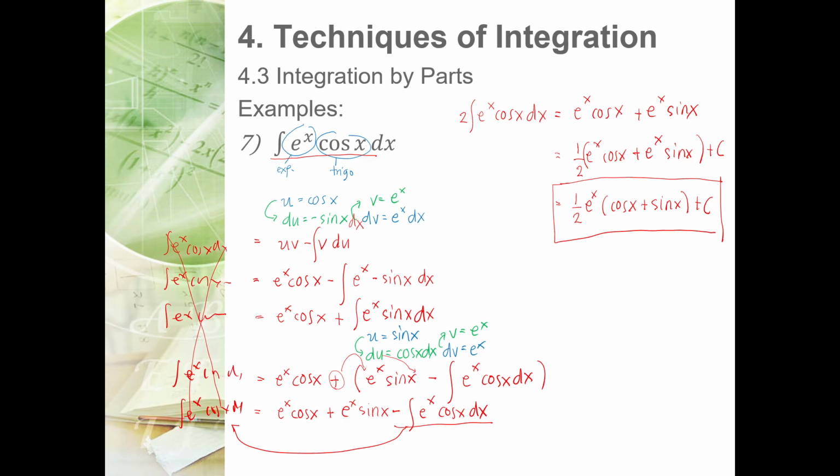This time only, because the given integral came back.